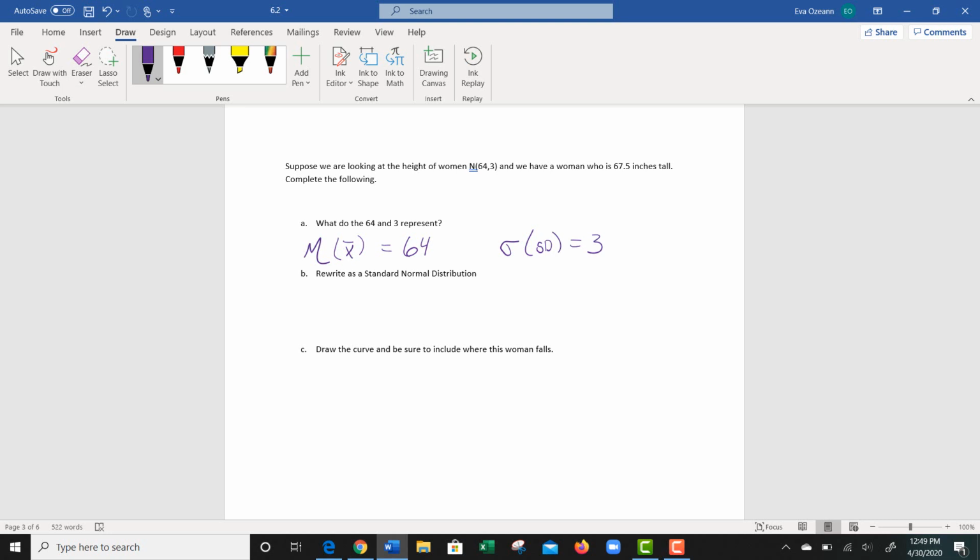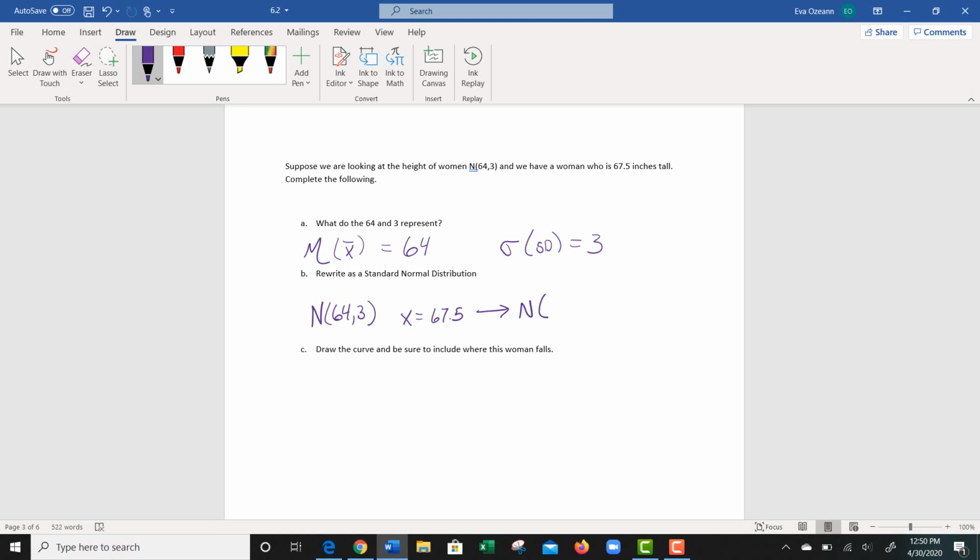Now, if we write this as a standard normal distribution, here's how we're going to write that down. Remember, we're changing all of our observations into z-scores. So N(64, 3) and our observation, x equals 67.5, we're going to change those into z-scores.